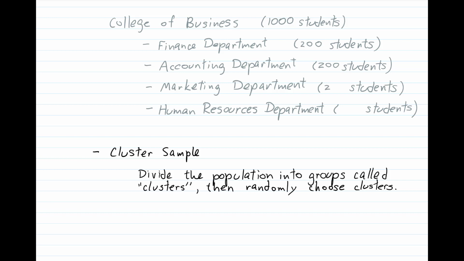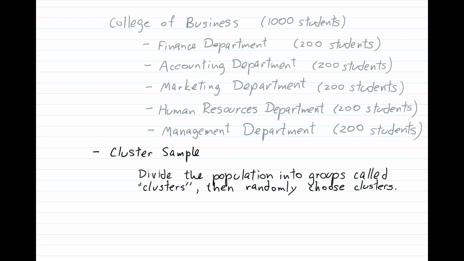Of course, that won't add up to 1,000, right? So we'll add another department in there. How about we add one called management. Let's give them 200 students.